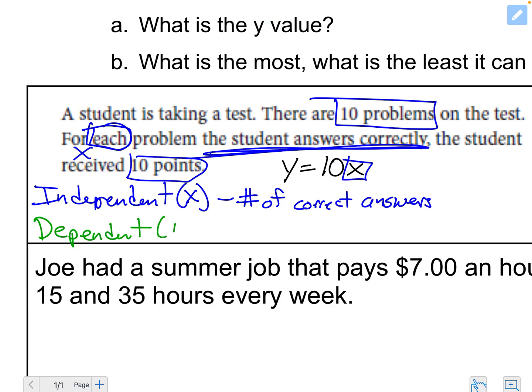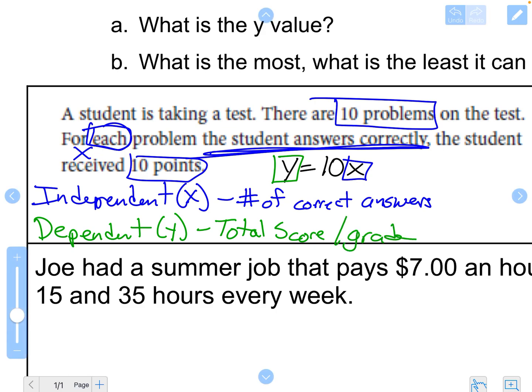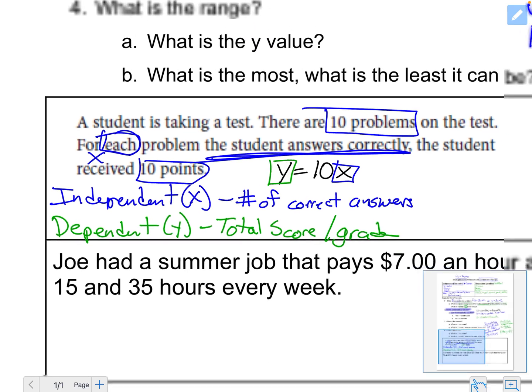So our dependent is our y. And so if we're looking at our y in the equation, if a student gets 3 answers correct, then they get a 30. And so that y would be the total score. So we could also think of it as the grade that the student got for the test. So those are our independent and our dependent variables.